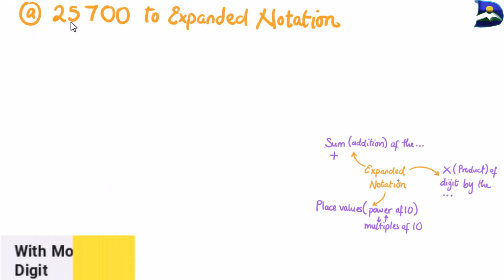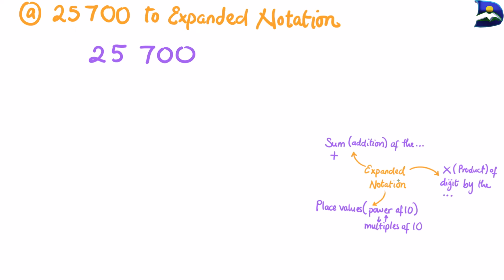Now for the next question, where you're given 25,700 and you're asked to transform this to expanded notation, we realize that from our previous example, we have to first note the place values of each digit moving from right to left, which looks like this.